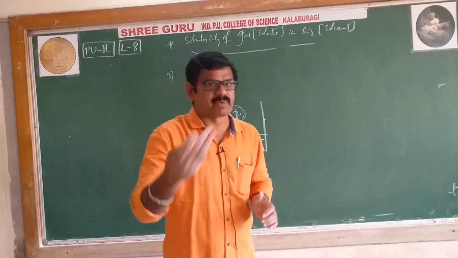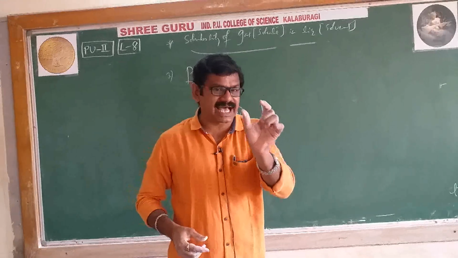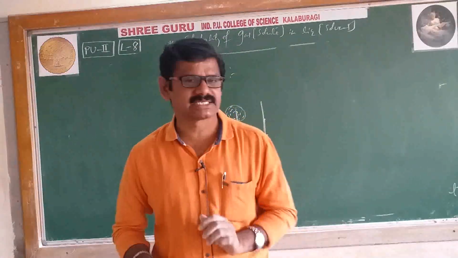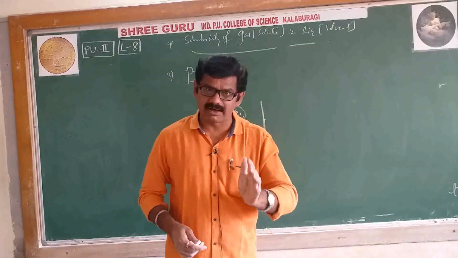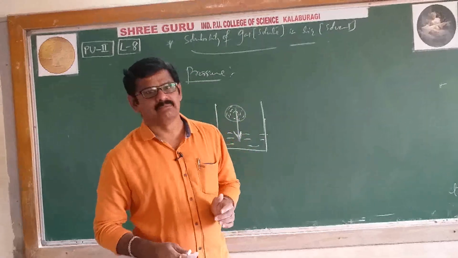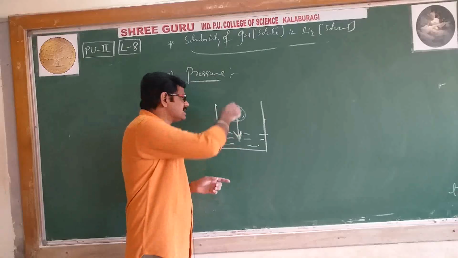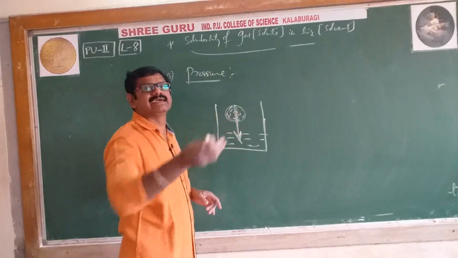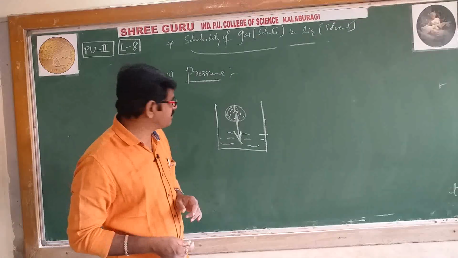Why? Because if pressure increases, the number of gas particles per unit volume increases. Remember, if pressure increases, the number of gas particles per unit volume increases. Means if pressure increases, solubility of gas in liquid increases. Okay, I'll repeat.